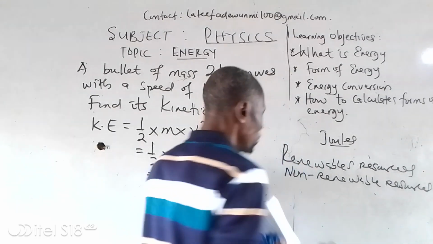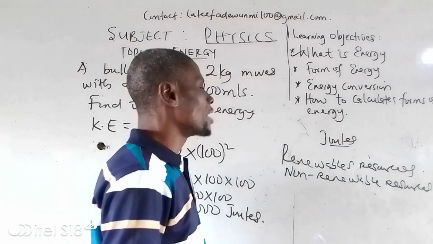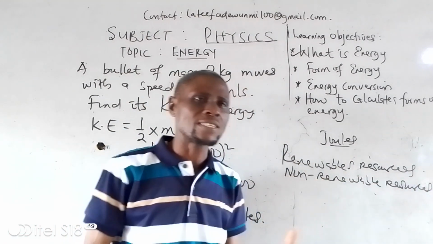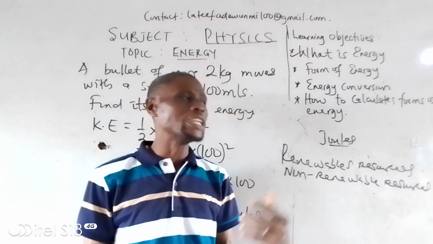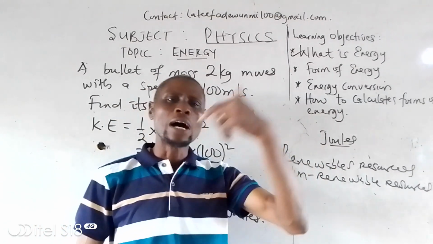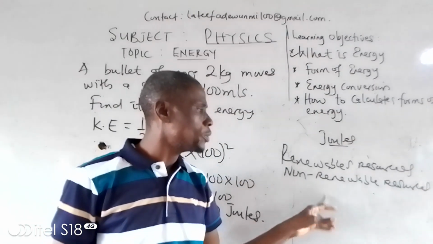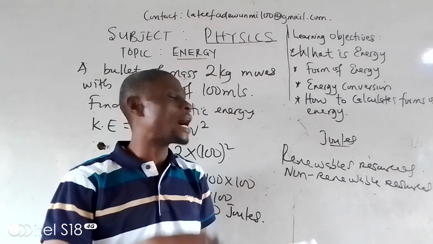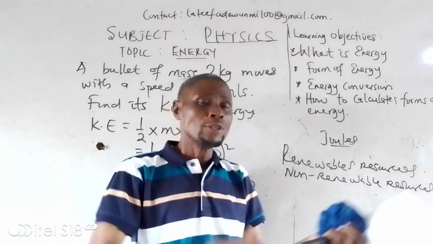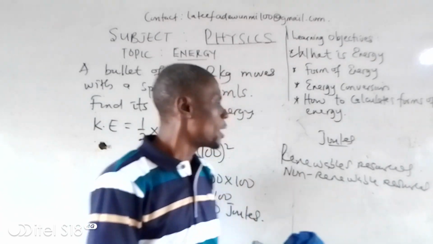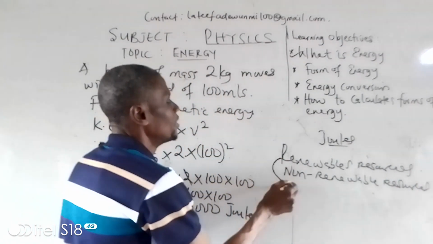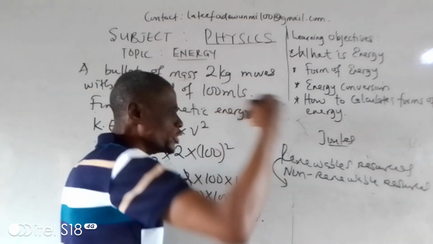Renewable resources are the areas where the energy we generate can be reused. But non-renewable are the forms of energy that we cannot renew. When we use it, it's finished. So when you look at renewable resources, these are the ones you can renew again.